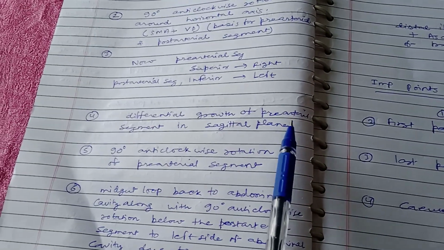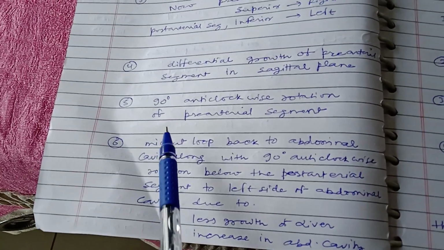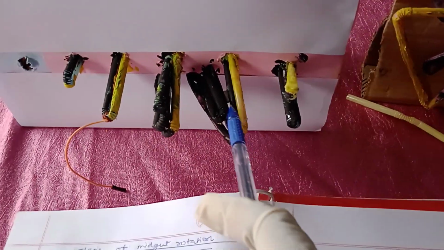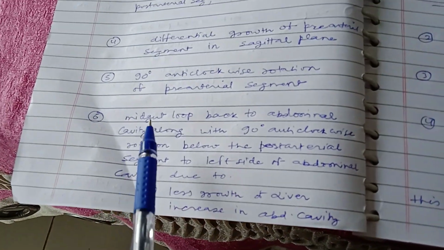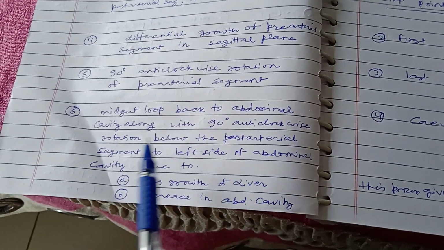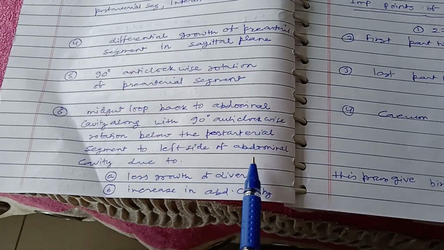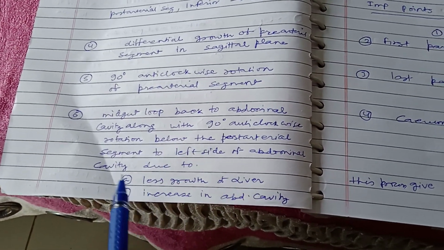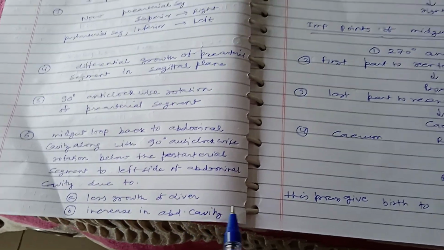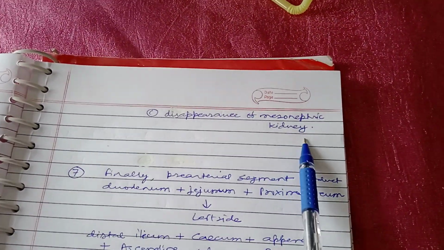Now differential growth of the prearterial segment in the sagittal plane, what we are seeing here. Now 90-degree anti-clockwise rotation of the prearterial segment, this one. Now the midgut loops back to the abdominal cavity along with the 90-degree anti-clockwise rotation below the postarterial segment to the left side of the abdominal cavity, and this is due to less growth of the liver, increase in the abdominal cavity, and disappearance of the mesonephric kidney.